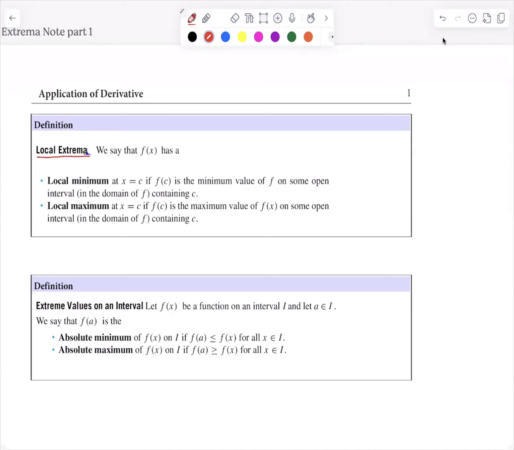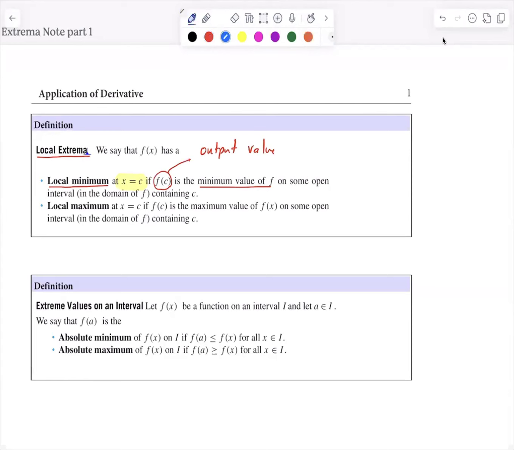For the local extrema, we can define something that we call local minimum. We say that a function has a local minimum at a value like c if the output value of the function at that value is the minimum value of the function on some interval.